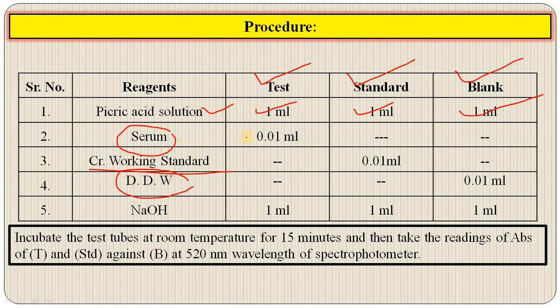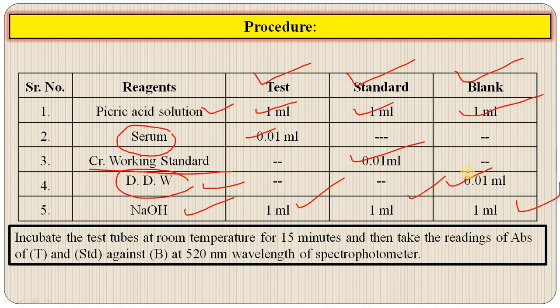Then add 0.01 ml of serum sample into the test tube. Then add creatinine working standard 0.01 ml into the standard. Add double distilled water 0.01 ml into the blank test tube, and then add sodium hydroxide 1 ml into all the test tubes.